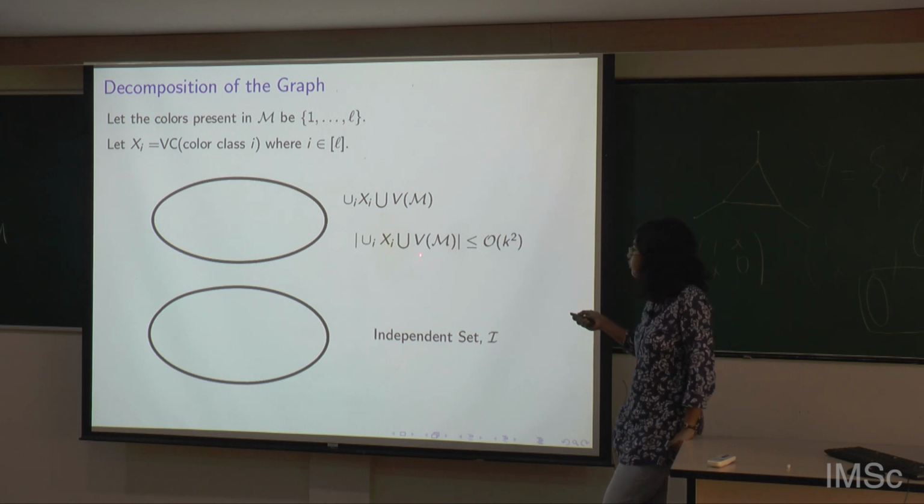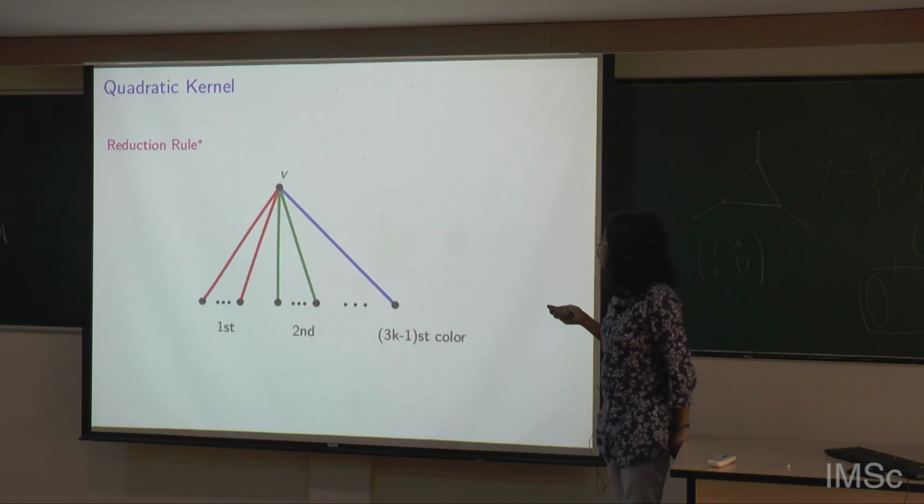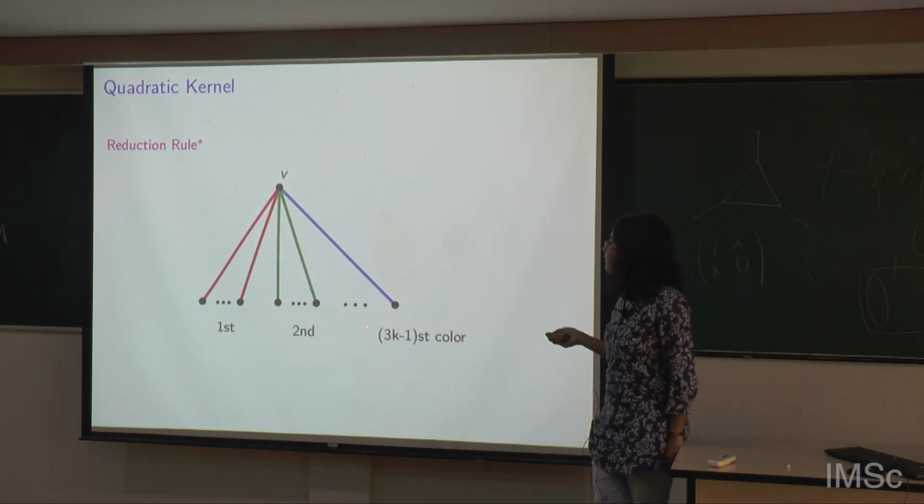Each of these Xi will be bounded by k, and since L is less than k, this will give me k squared. So this whole term will be bounded by order k squared, and then we will show how to bound this independent set. To see that, we give this reduction rule.